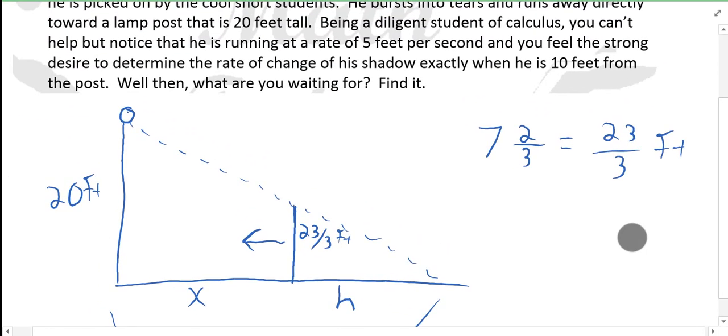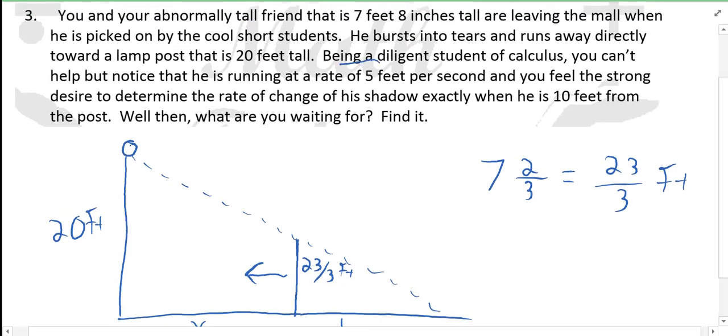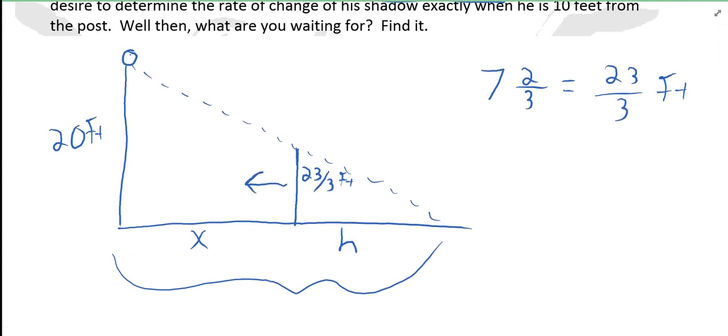What do we know? What rate of change? Obviously they tell us how fast something's changing here. What's our rate of change in this problem? 5 feet per second. What is that the rate of change of? Which one? It's x. It's not h, it's x, because he's running towards that light.